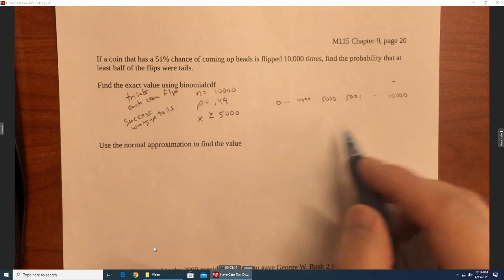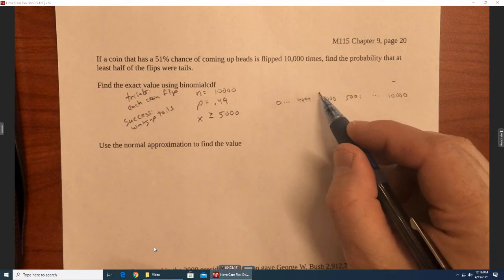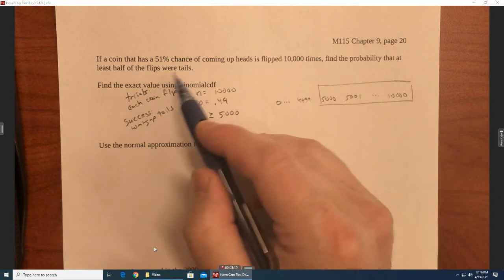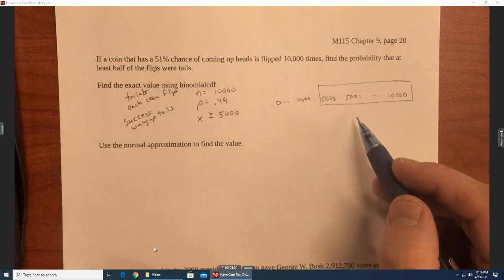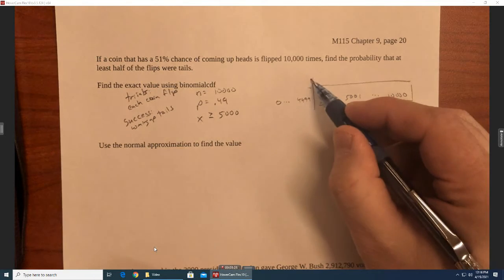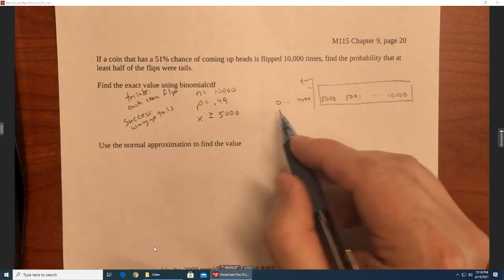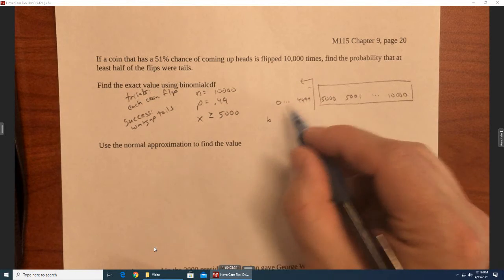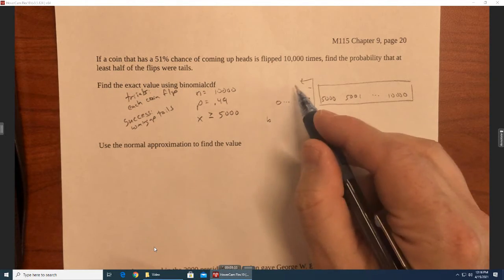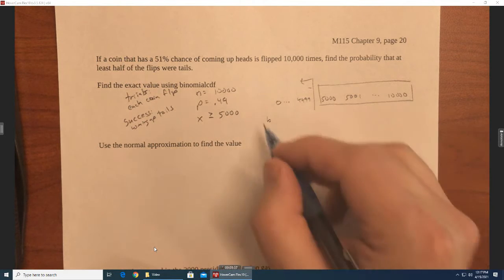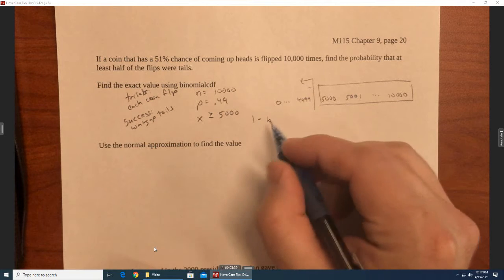4,999. Okay, so if we're after 5,000 or greater, because I said at least that many tails, well, the binomial CDF gives us the probability of some number to the left. So to find the exact value here, I want to figure out the probability of this one and use my complement rule to find the probability of this stuff to the right. So I'm going to say 1 minus, that's my complement rule here.